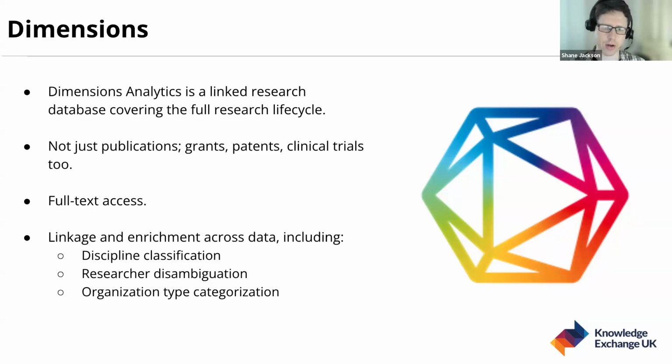And then beyond that, we can also link and enrich our data. And as I've touched on, that includes discipline classification, but it can also include researcher disambiguation. So a function of the app is to be able to show you who individual researchers work with, so you can understand which individuals are being cited by a particular company or your own researchers' networks, rather than having to rely on them reporting it up to you.